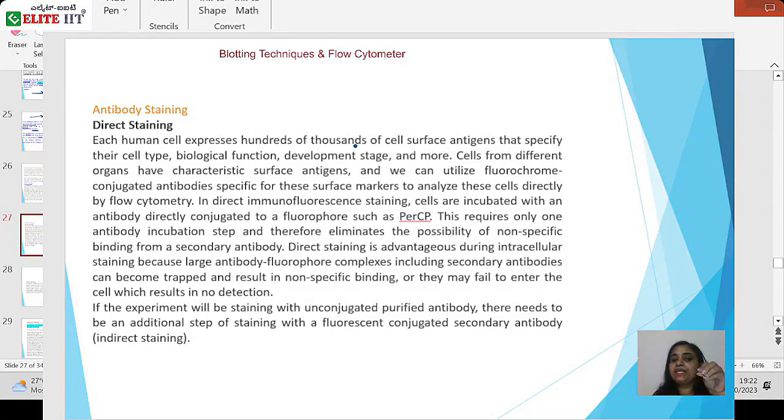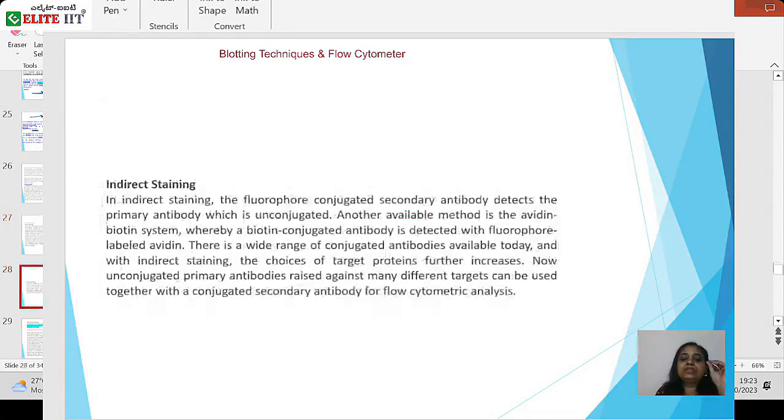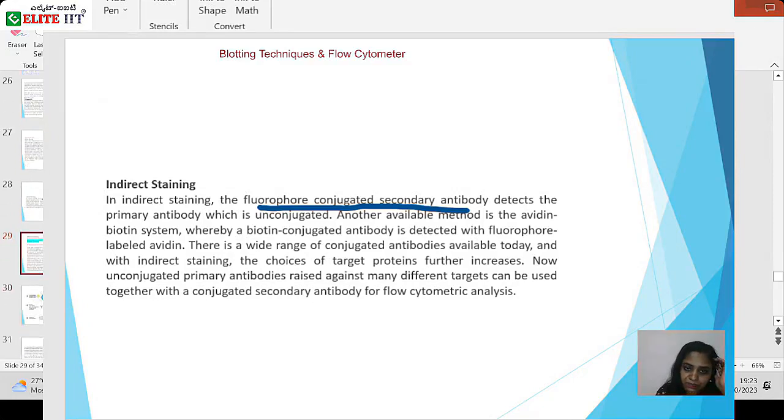So the primary antibody has the fluorophore attached, that is the direct method. If you consider indirect staining, you have to add the secondary antibody, and with the secondary antibody the fluorophore is attached, a conjugated secondary antibody, nothing else. This is for detection purpose only. You can do the direct staining method or the indirect staining method. Clear?